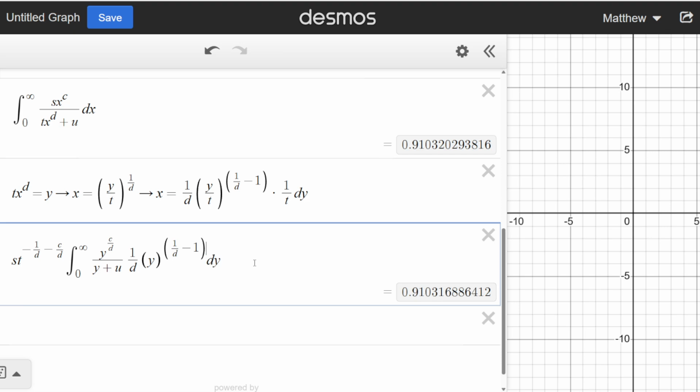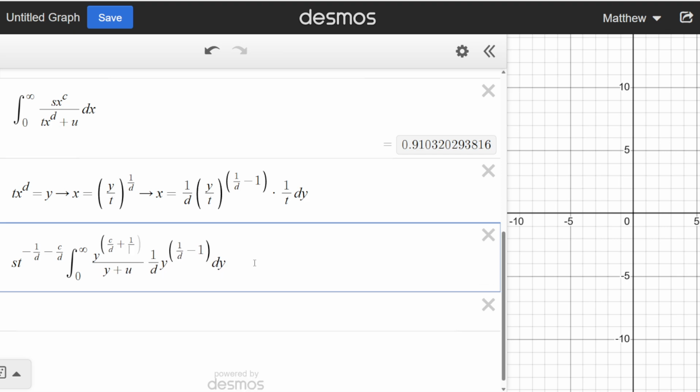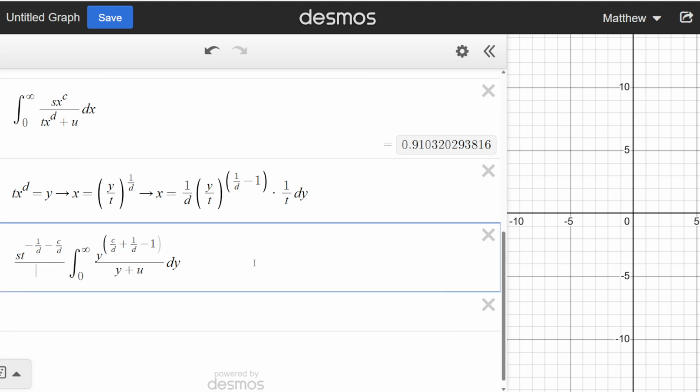Well, let's see, we can combine our y terms. So this is going to be y to the c over d plus 1 over d minus 1. And again, we can bring out this d right outside our integral like that.